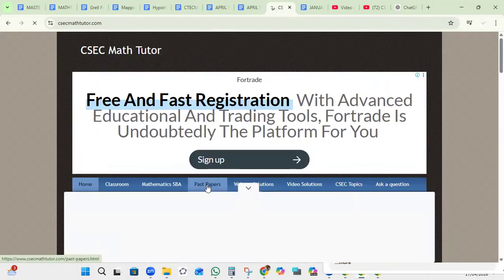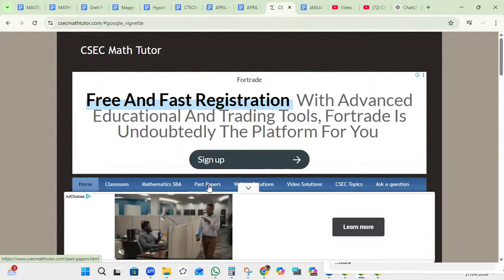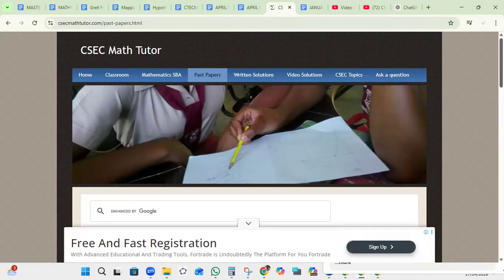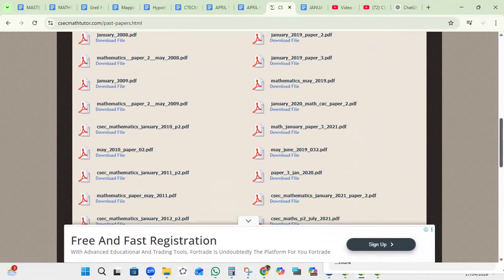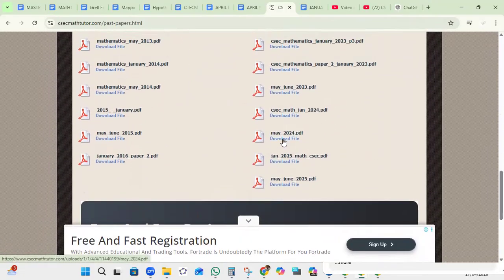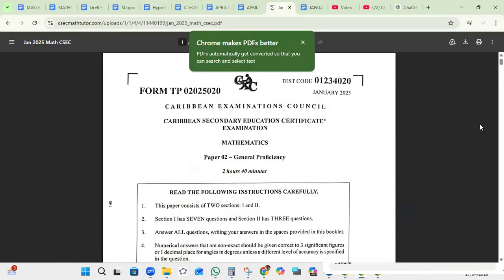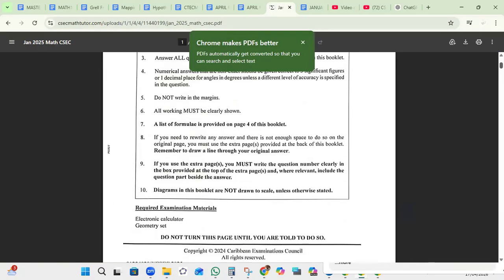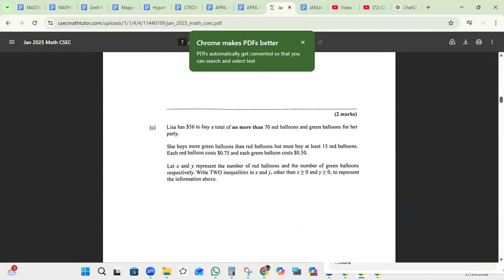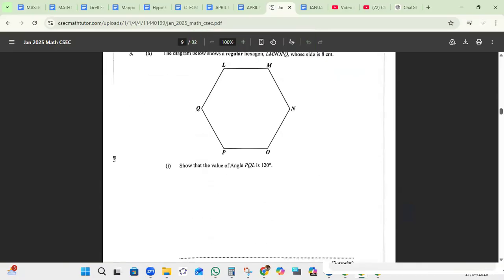You can go there and click on past papers and choose a past paper of your choice. You can choose the most recent ones, 2024. So you have January 2025, you can check it out. That was last year's January. And most times the transformation comes in question number 3.